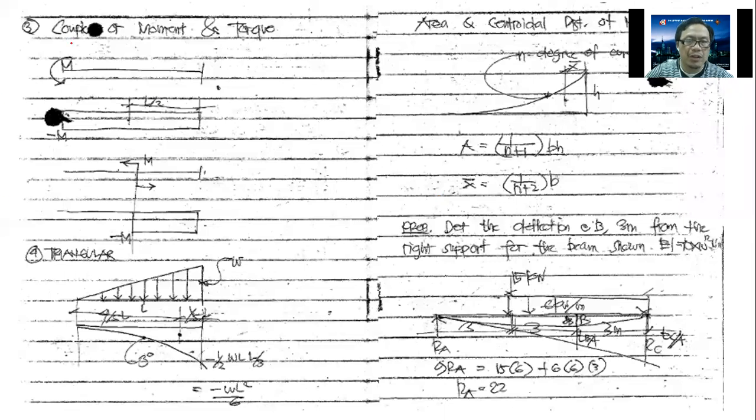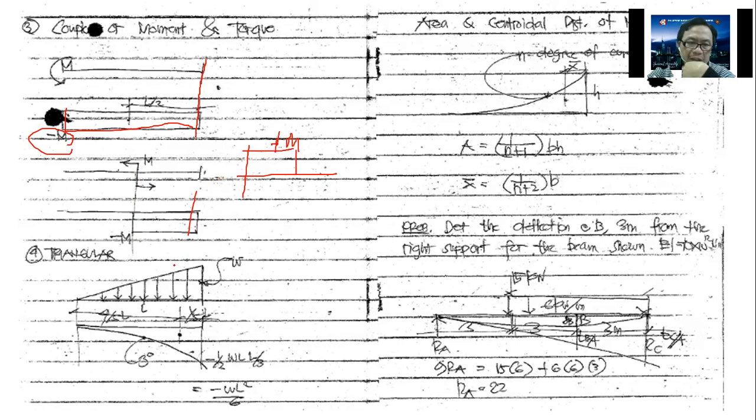And if you have a moment, if you take your moment on this side, and your moment is in this direction, that's counterclockwise, so it's going down, that's negative. And if you have a couple here, just like a moment, if you take your reference on the left side, of course it's going down. But if you take the reference on the right side, that's going up, that becomes a positive moment.